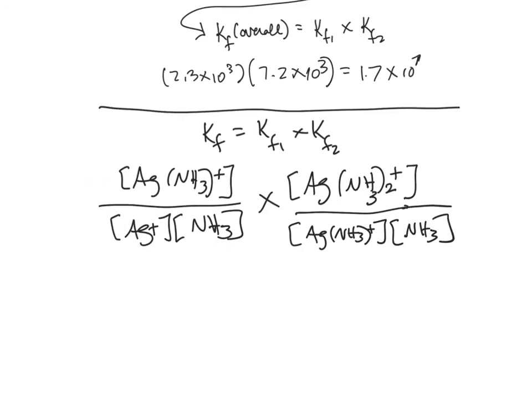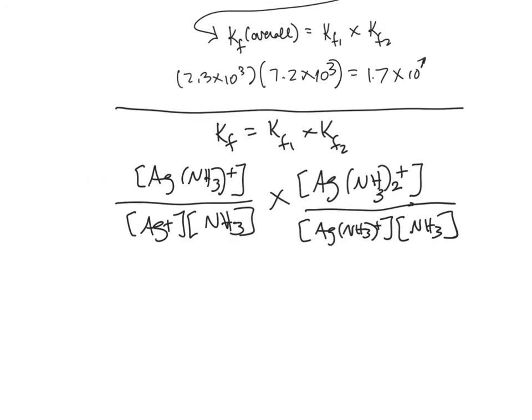Okay, and when you do that, you can see that the one with the one ammonia, that intermediate, is going to cancel out.